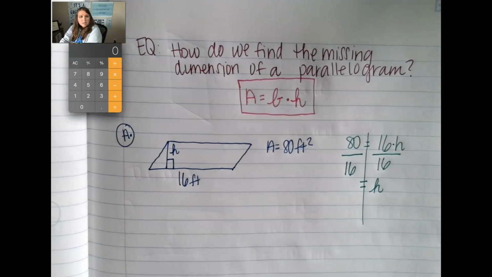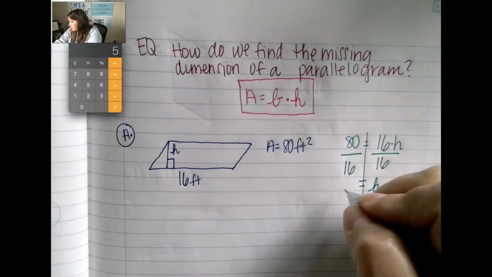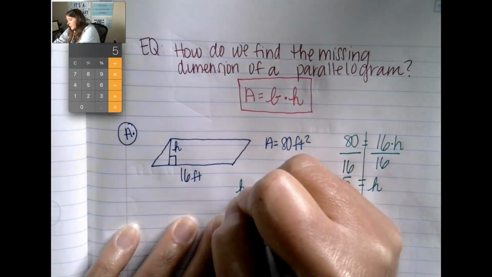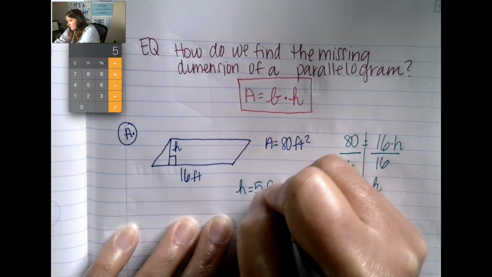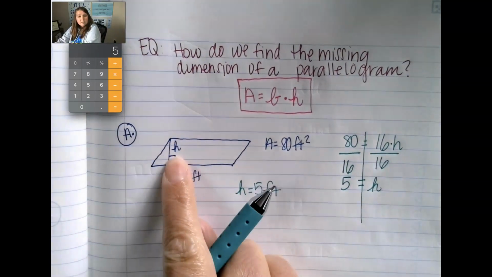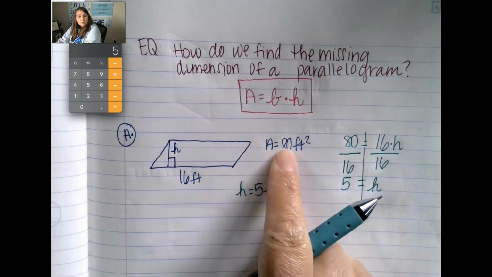The height is going to equal, let's get this into our calculator. 80 divided by 16 equals 5. So the height is 5 feet. It's not squared because it's one of the dimensions that you would use to multiply.